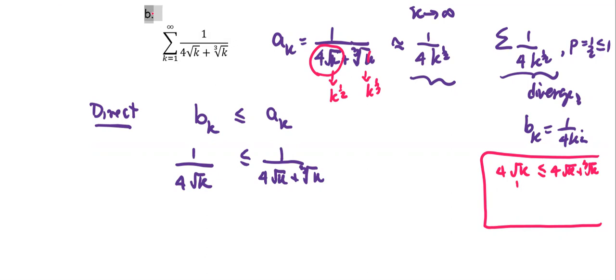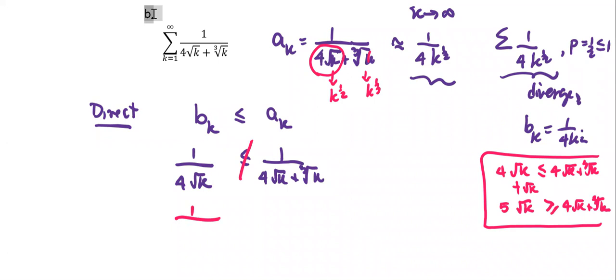But we can add one more term on the left hand side to have the coefficient 5 of the square root k, to make 5 square root k greater than or equal to 4 square root k plus the cube root of k. Then taking the reciprocal, the first setup is not true.